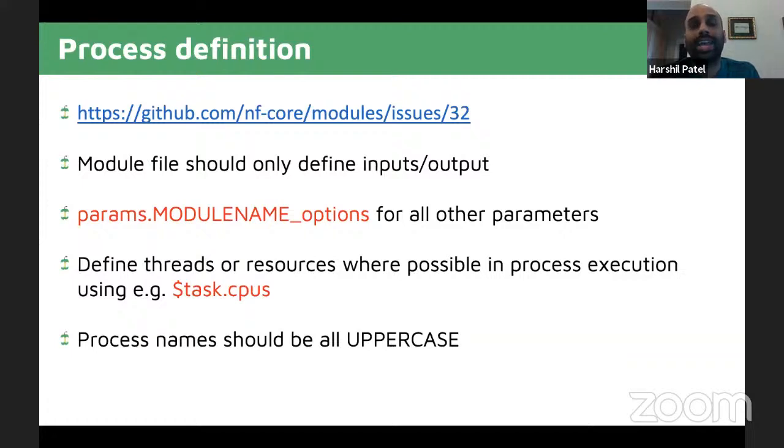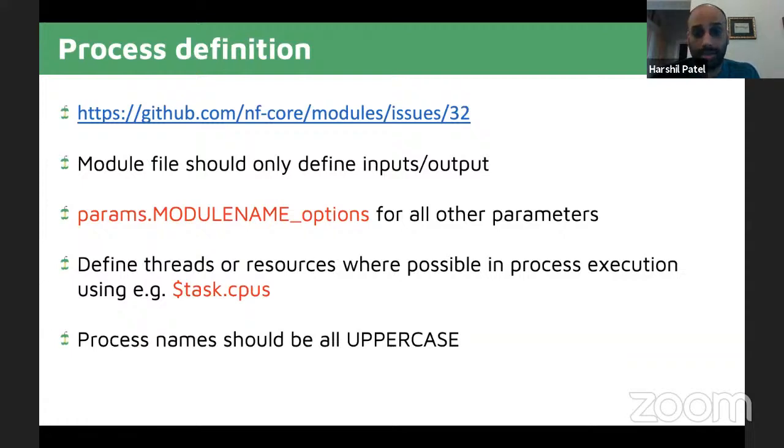We won't be providing any other parameters within the process definition. And the main reason for that is that if we want these wrappers to be flexible and for other people to be able to reuse them, they should be able to provide their own parameters when they're running these module files. And this at the moment seems to be the most flexible way of doing that.